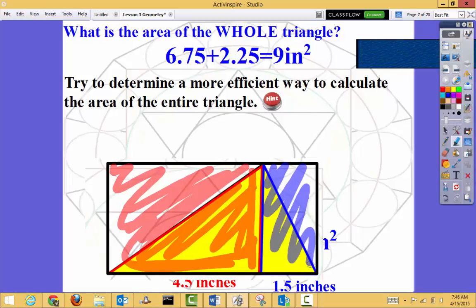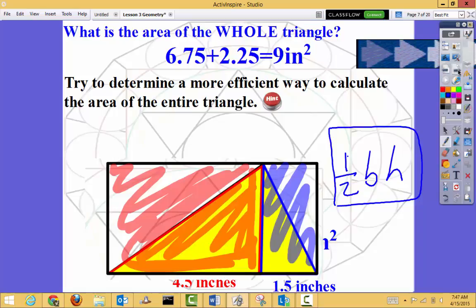You should notice that the original triangle is half the area of the rectangle. Does that sound familiar? It should sound familiar from our formula: 1/2 base times height. So it's looking like we can use this formula for any kind of triangles, not just right angles.